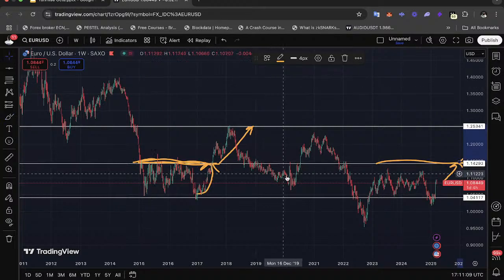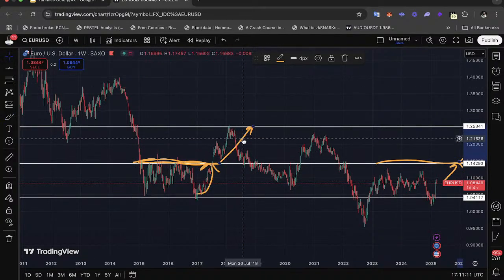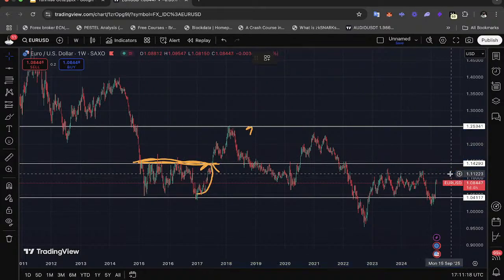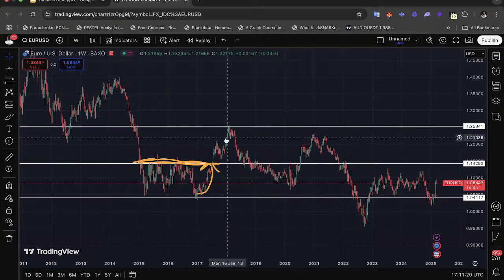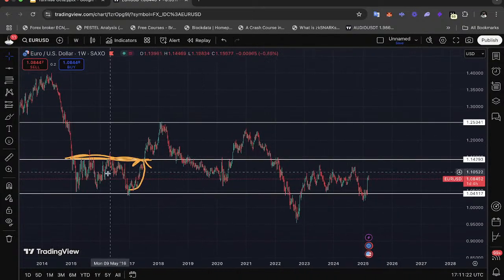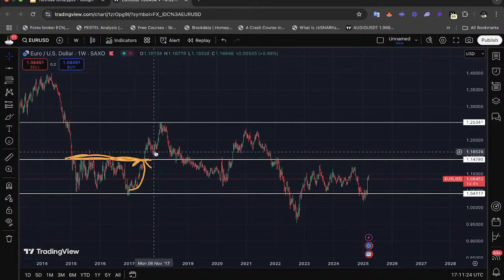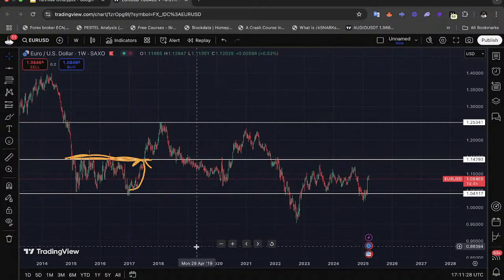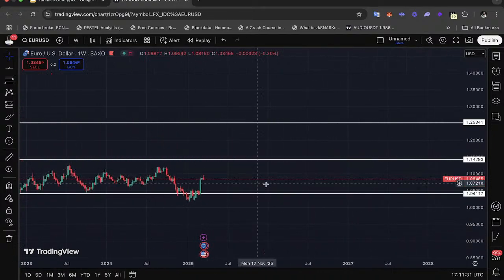Okay, so let me take this out. Now we can see what happened here: price went up, and equally we can see that the momentum is coming in at this level.